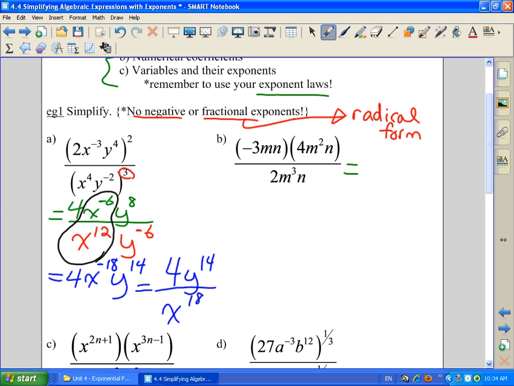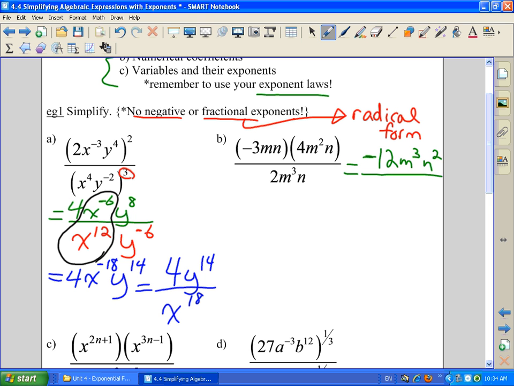Okay, again, using BEDMAS, we have to multiply first before we can divide in this case. So we're going to take a look at the sign. A negative times a positive is a negative. 3 times 4 is 12. m times m squared is m cubed. And n times n is n squared.